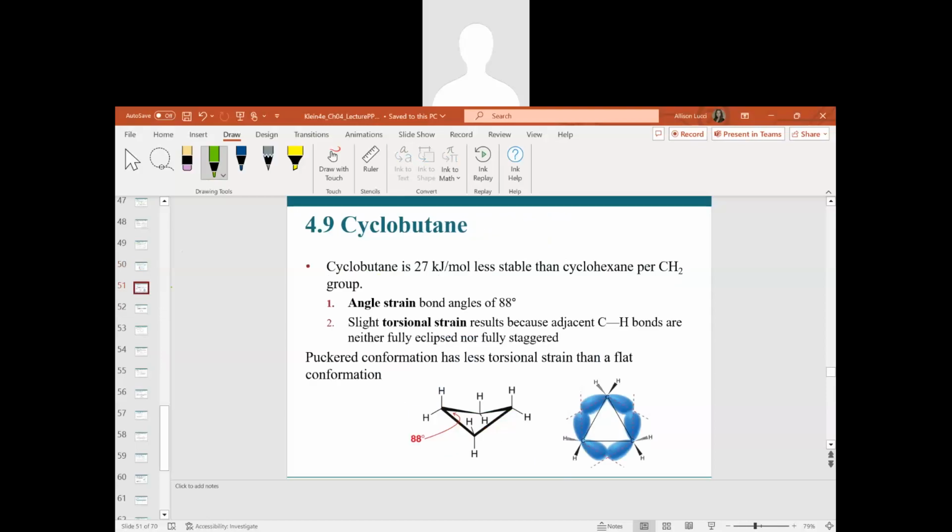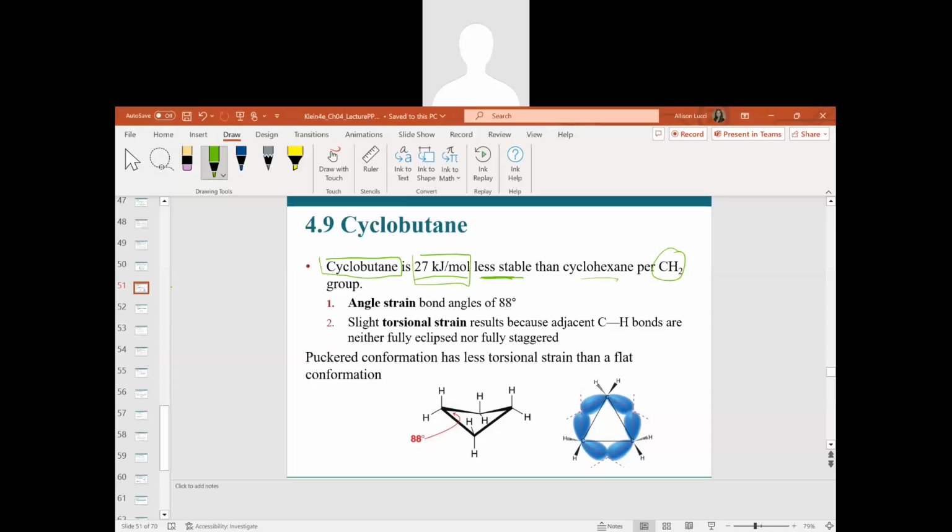So say we have cyclobutane here. Cyclobutane is a 4-carbon structure in a ring. And if we look at the energy per CH2 group, we can see that cyclobutane has about 27 kilojoules per mole higher energy per CH2 group, so it's that much less stable than cyclohexane.